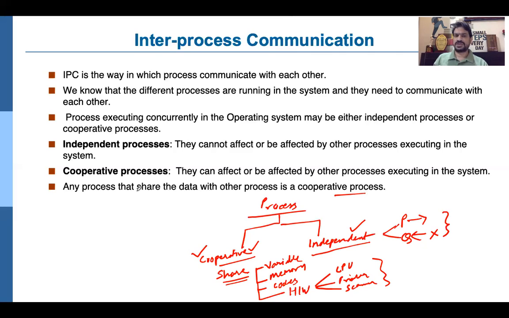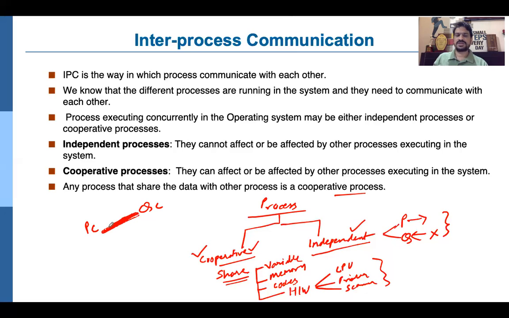And you understood the meaning of inter-process communication. So inter-process communication is required in some sort of cooperative process. If we have some sort of cooperative processes, let's say P is one process and Q is another process, and both are cooperative processes, it means both have some shared resources available, and they are sharing the resources with each other.